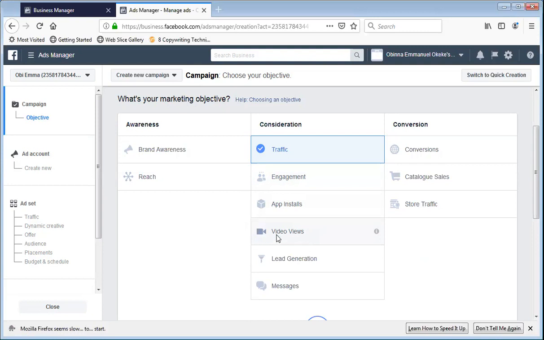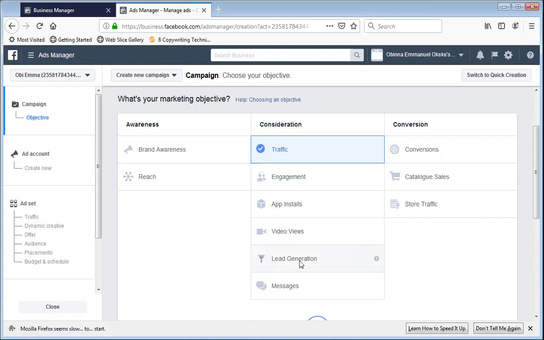What this means is that probably in that video, you are talking about your product, or you are showing a demonstration of how people could use the product. So your objective running this advert is to first get people to watch the video, all right? So you could choose video views and Facebook will optimize your advert for that.